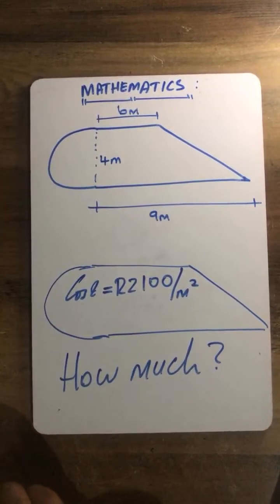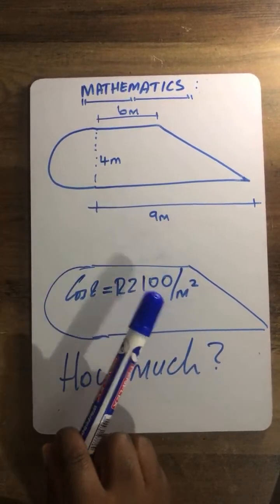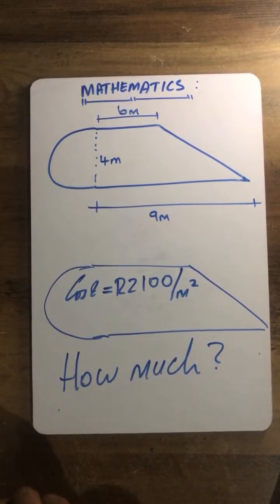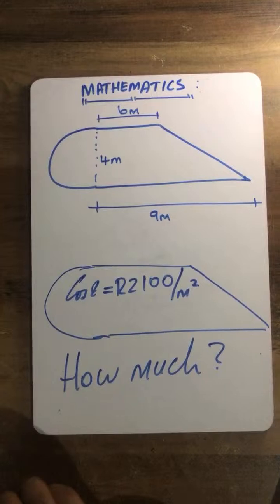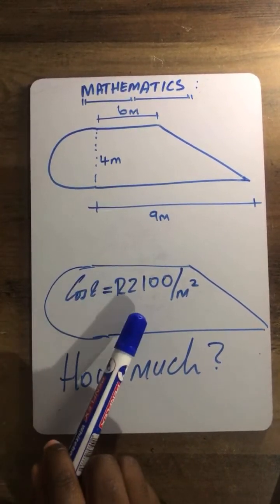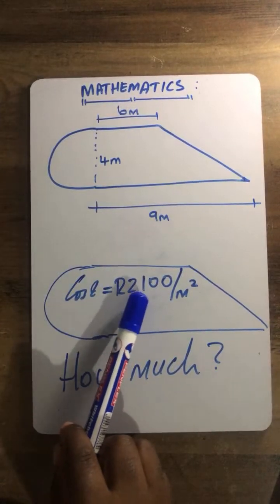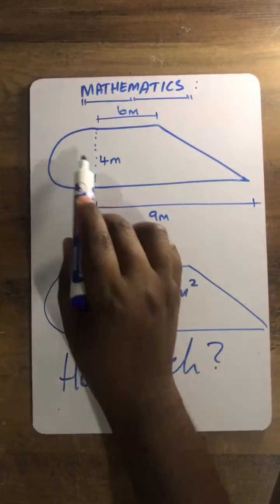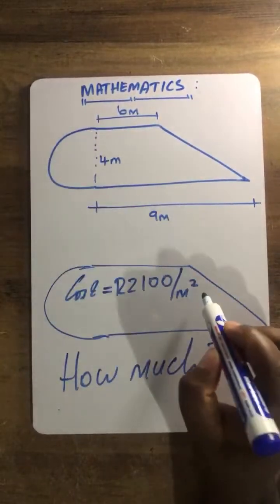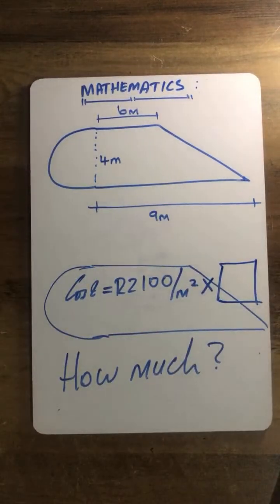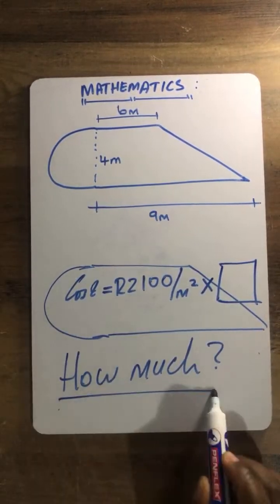The contractor says, for every square meter, I'm charging you that much. So what you need to do is find the area of that shape, and then multiply it by the rate, and then you will be able to know how much.